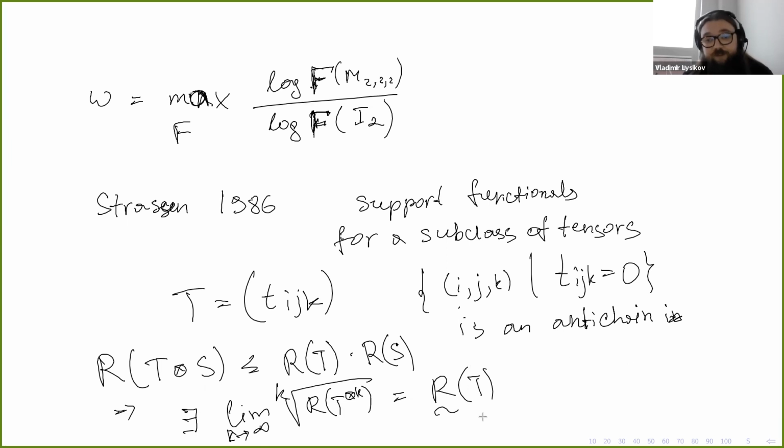And this way we can define asymptotic versions of any tensor functional which satisfies either a supermultiplicative or submultiplicative property.